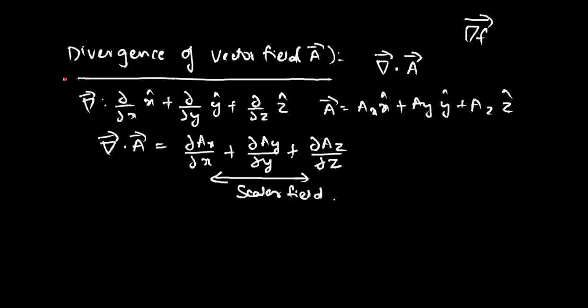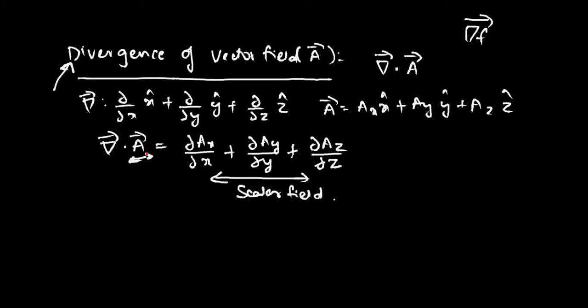And the name divergence indicates that there is energy flow out of the surface, or there is some energy protruding from various points in the surface, or the power flow out of the surface, right? So the divergence mainly relates to the rate at which the quantity that is referred flows out of the surface.